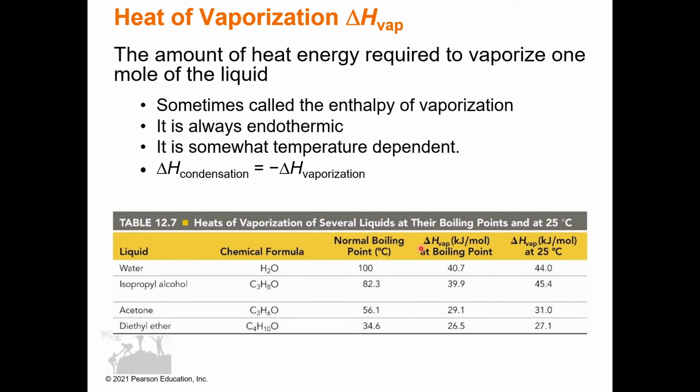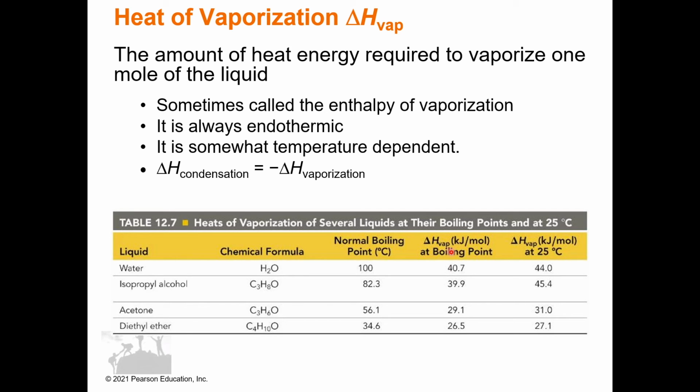Okay, so now back to delta H vaporization. This value is temperature dependent. So let's take a look at water. The delta H vaporization value at boiling point. So at 100 degrees Celsius, this delta H value is 40.7 kilojoules per mole.